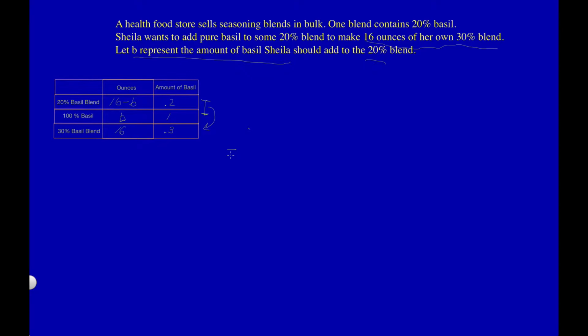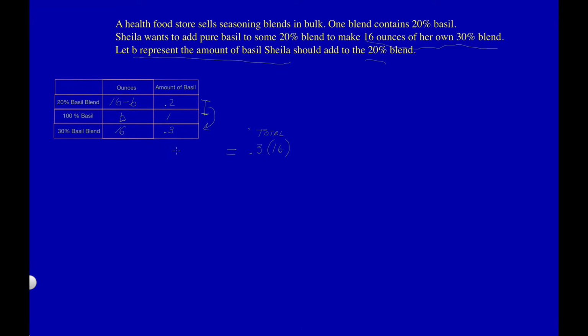Now that we have that, we're going to set up an equation because we're trying to solve for B. On one side, we'll call this area the total. The total is the 0.3 times the 16.